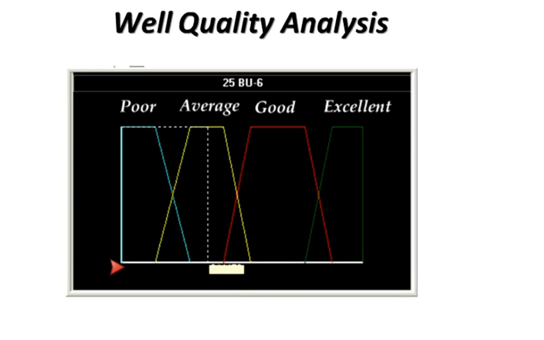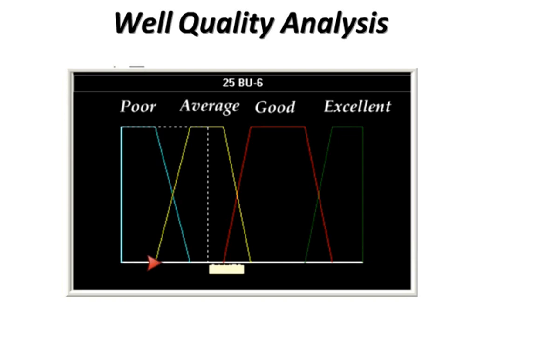When this production indicator is low, obviously your well is poor. In the y-axis, what you have is the degree of membership of the well in the class that we're talking about. So at this low value right here, a well is poor because it has a membership of 1, or complete membership, in poor well. So that's a poor well.